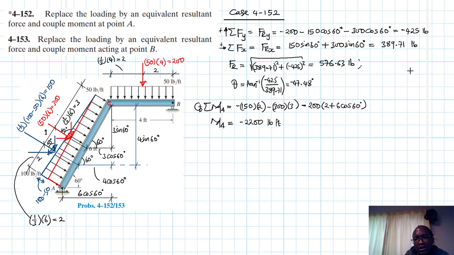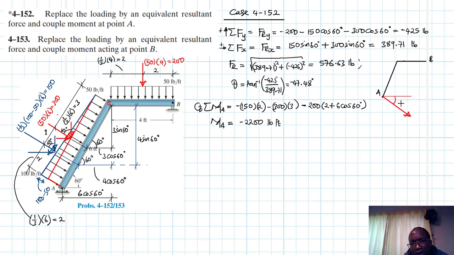So let's do that quickly. I'll draw it just somewhere here, something like this. So this point is A, this point is B. We have our component like so. There we go.